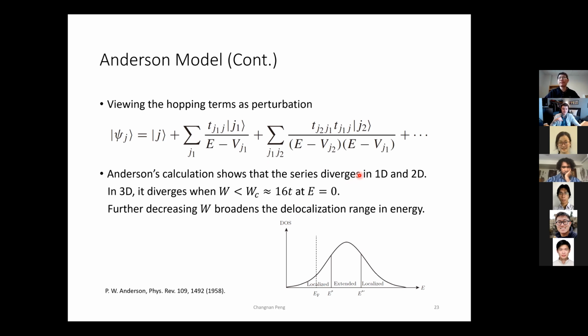I had one question about this picture you're showing. Maybe it's a silly question. There's this density of states and your energy, and your extended states are right in the bulk of your density of states. Is that always the case?